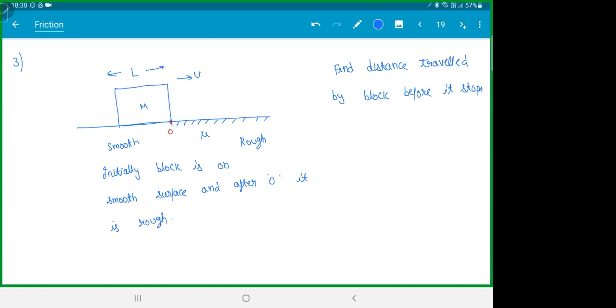So how much distance will this travel before it stops?